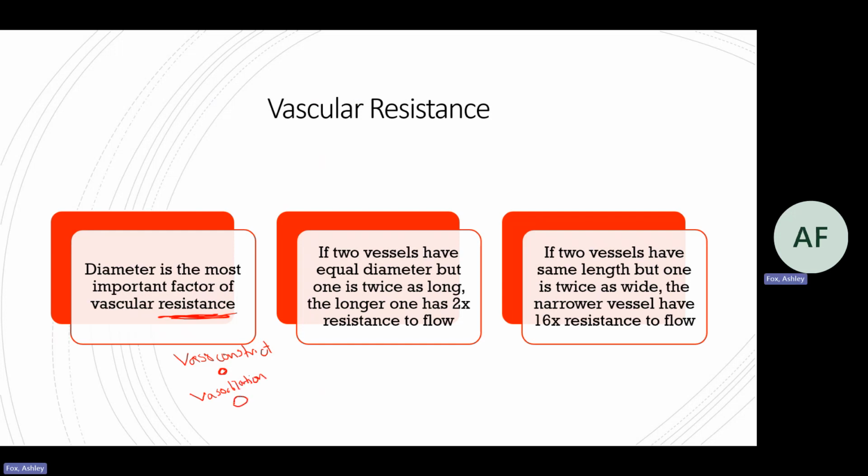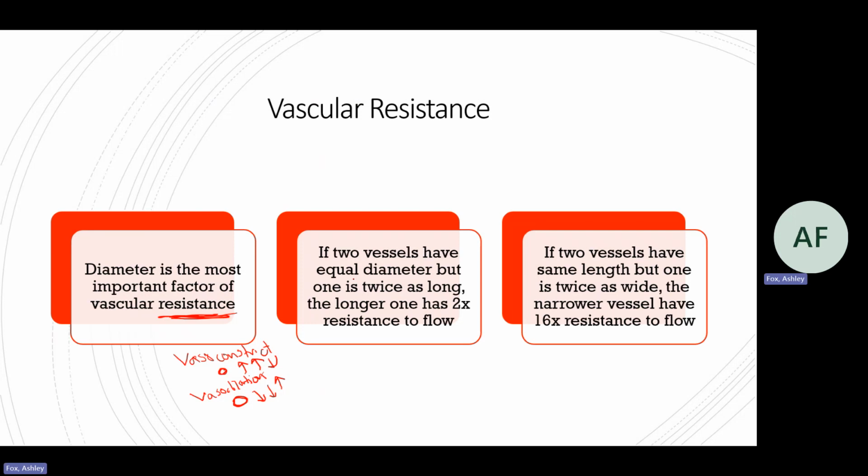We're constantly changing the amount of vascular resistance we have, and this changes your blood pressure as well. If you're vasoconstricting, there's increased resistance, increased pressure, decreased flow. With vasodilation, you have decreased resistance, decreased pressure, and increased flow rate, meaning blood can flow easier.